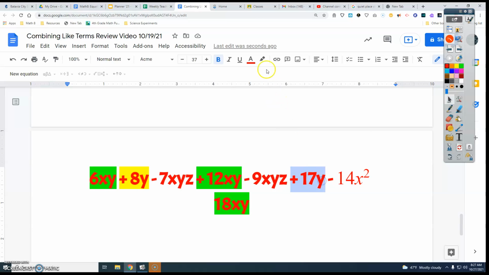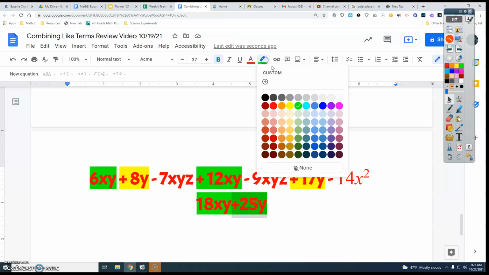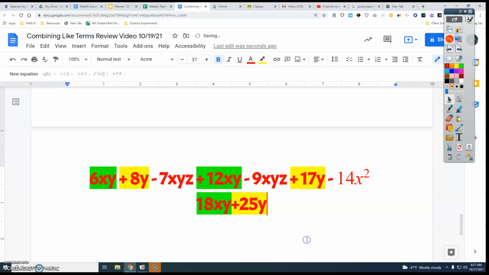So plus 17y will be in yellow. And now what we're looking at is, what is 17 plus 8? So that's 25y. So over here we're going to have plus 25y. So I want to highlight this in yellow because those are separate.